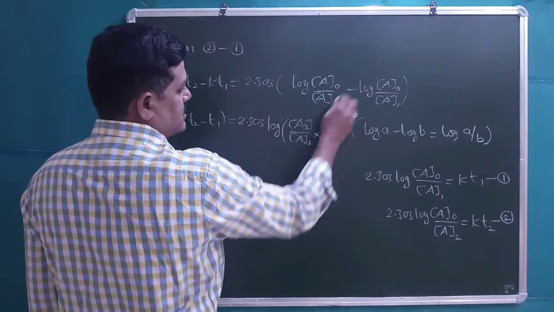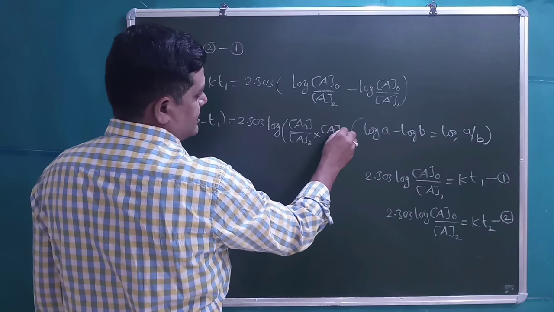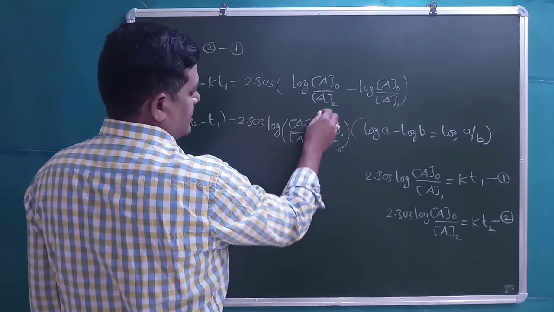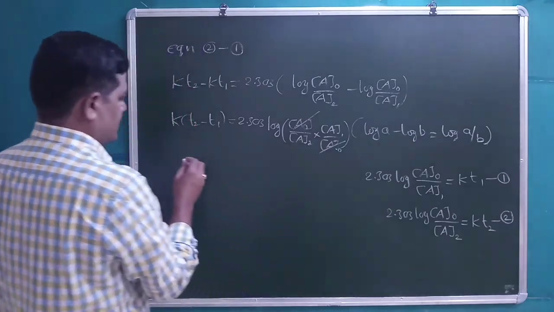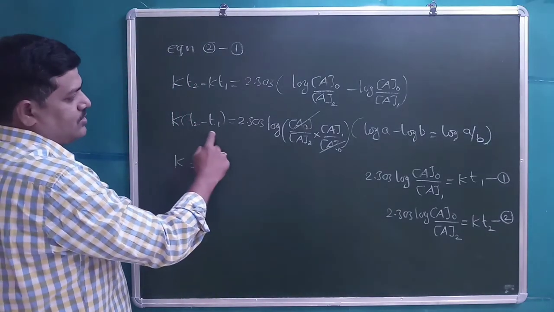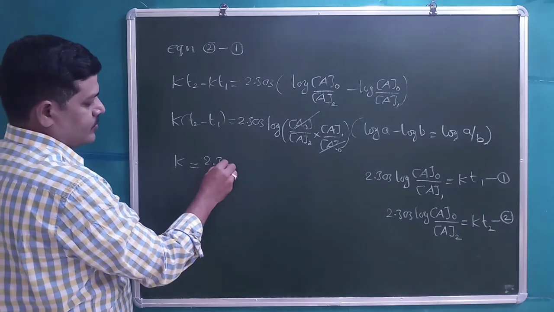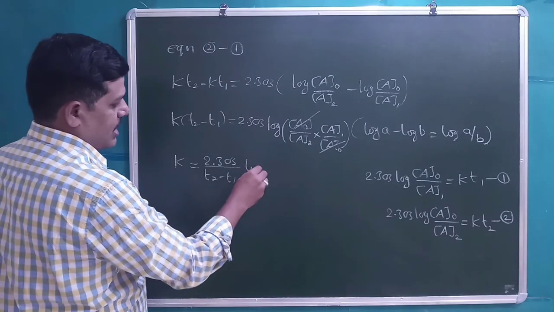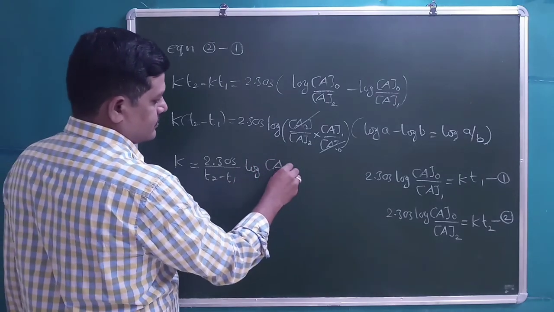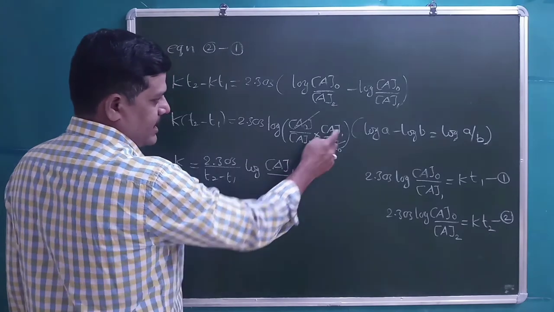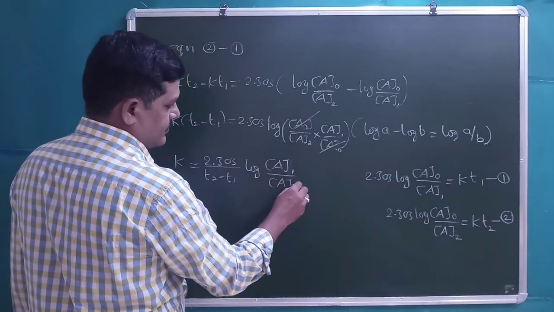The bottom fraction will be reversed, so we get A1 by A0, and A0 gets cancelled. So the expression for K, transferring t2 minus t1 to the opposite side, is K equal to 2.303 by t2 minus t1 log A1 by A2.